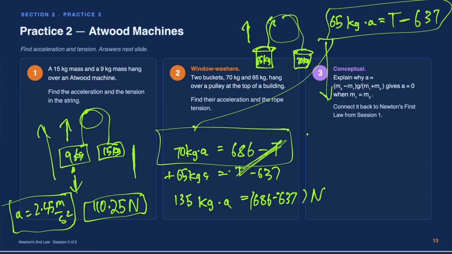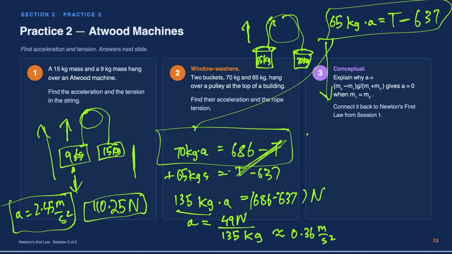So A is equal to, what is 686 minus 637? That's 49, right? 49 newtons over 135 kg. So that's equal to 0.36 meters per second squared, which makes sense, right? If the blocks were more evenly matched, they would accelerate less because they'd be more balanced.